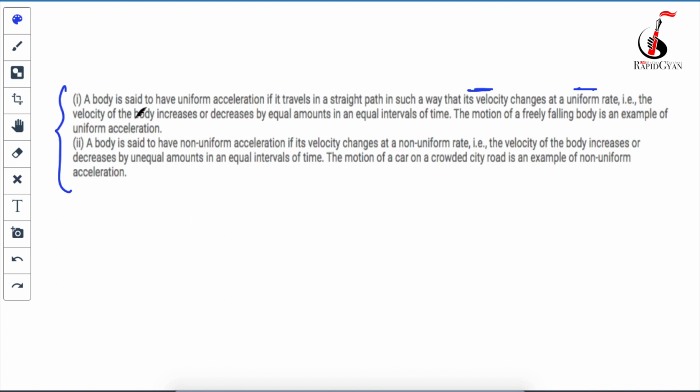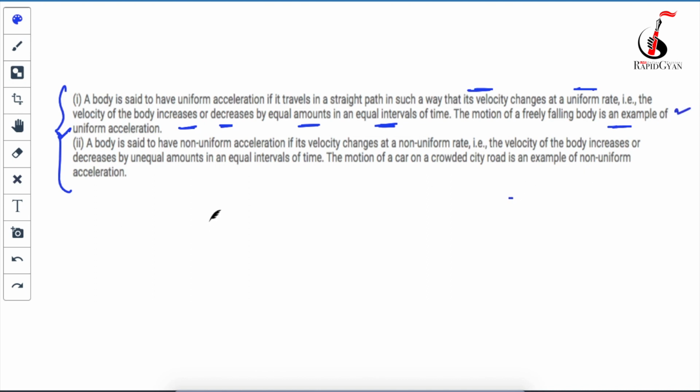Okay, that the velocity of a body increases or decreases by equal amount in an equal interval of time. This is very important beta. If the velocity of a body increases or decreases by equal amount in an equal interval of time, then the motion is called uniform acceleration. Okay, a freely falling body is an example.